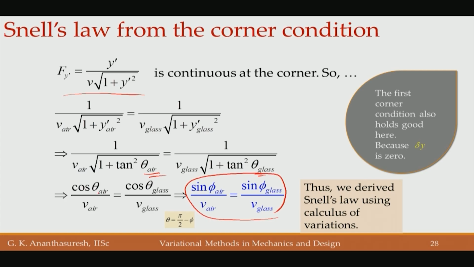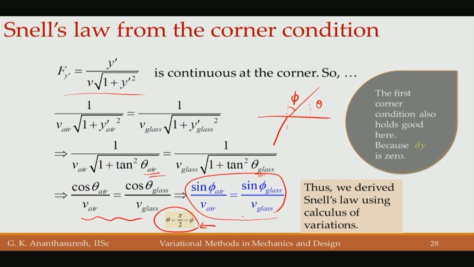Again we have converted theta into phi because normally in refraction when you state Snell's law, you measure the angle from the normal at the interface. So, if this is the interface and the light ray comes like this and goes, we draw the normal and we measure the angle here. Whereas, when you say a curve, we measure the slope here. So, this is theta, this is phi, that is the relationship here. Theta is pi by 2 minus phi, that is why from theta that we had we converted to phi here.